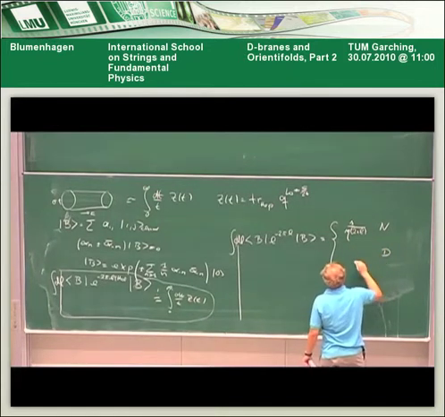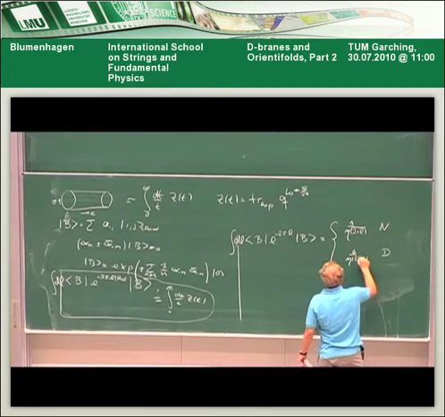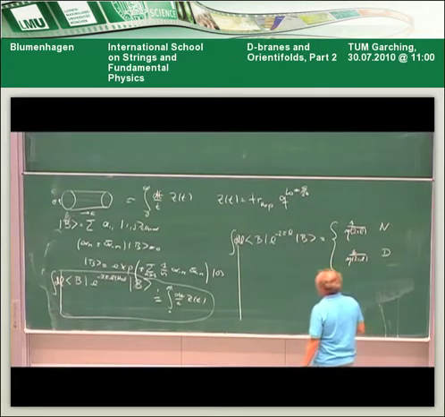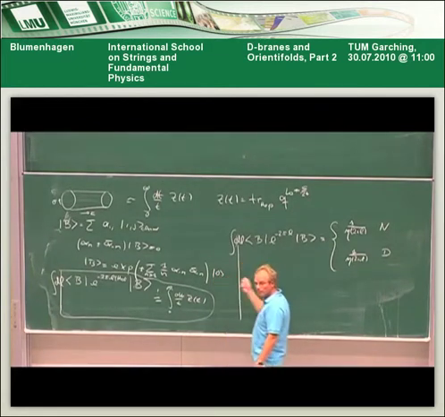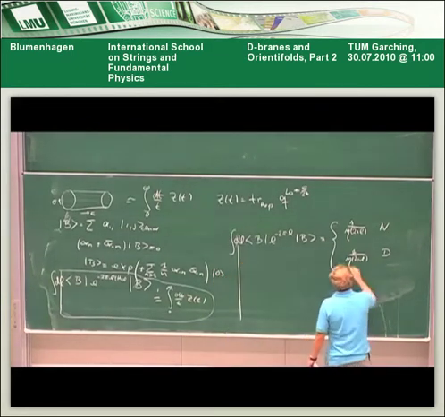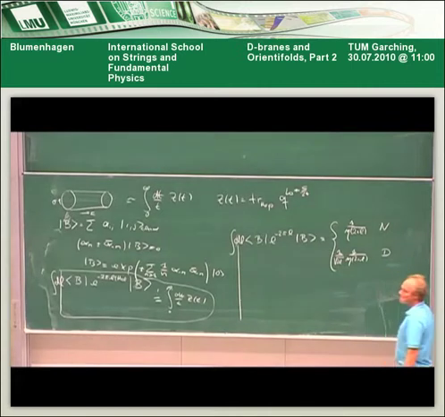And for Dirichlet now, you will get 1 over eta of 2iL. And now here you find, because for the Dirichlet boundary condition, you still have to integrate here over the momentum, and you will get this extra factor here. I guess square root of 2L probably, yeah, something like that.